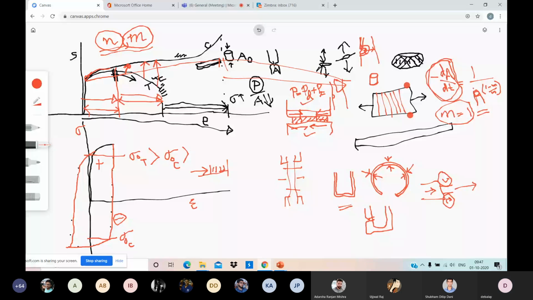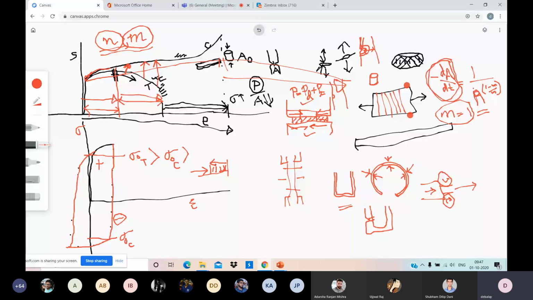Basically, you are making a queue at the ticket counter and there is a push from behind. So at the front of the row, they will be under stress and they will try to apply a back stress. Go back, why are you pushing me? They will push on the back side. So that is called back stress.